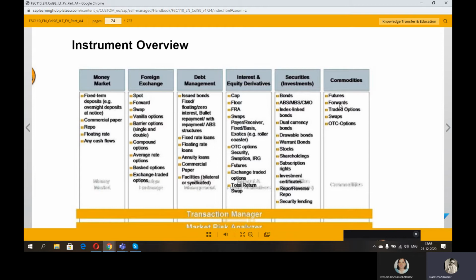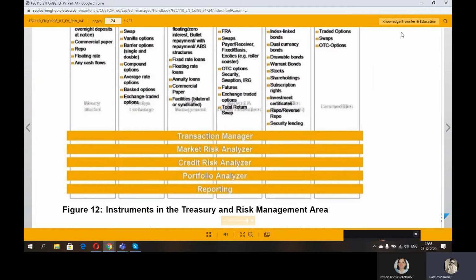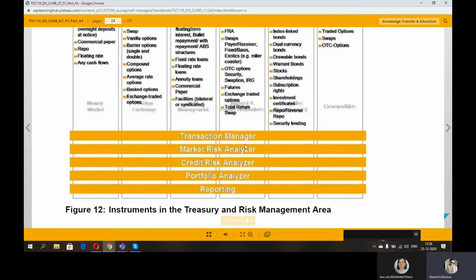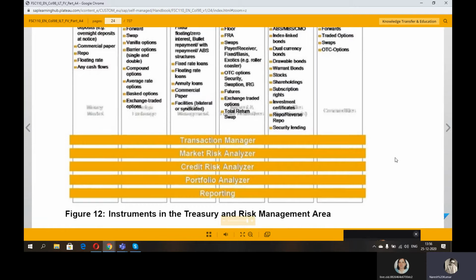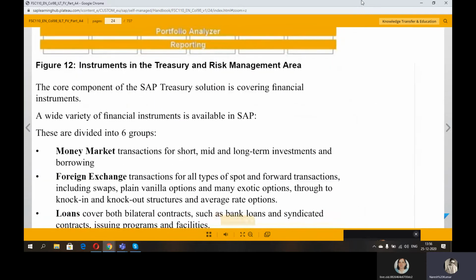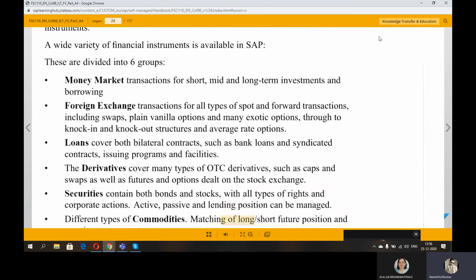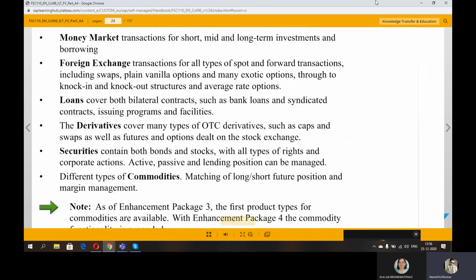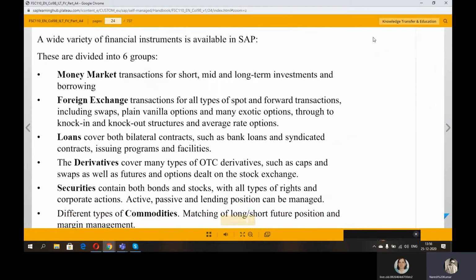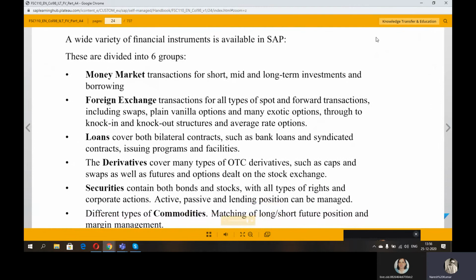The commodities based on futures, forwards, traded options, swaps, OTC options. Based on this, the transaction manager and market risk analyzer, credit risk analyzer, portfolio analyzer reporting will be taken. So this is one prospect where the 6 groups will be divided. Based on this, we are going to focus on TRM. So this is how the overview will be.